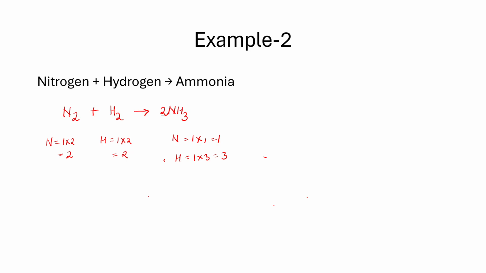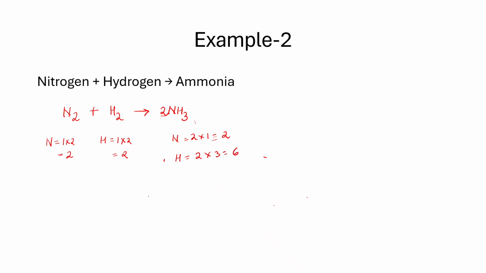Okay, so now we have the number of nitrogens on both the sides being balanced. So 2 times 1, which is 2, and the number of hydrogens has also increased, so that's 2 times 3, which is 6.